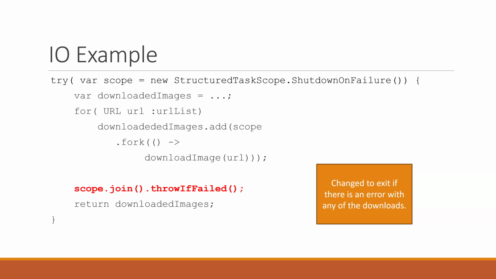If I don't put the throw if failed in there, then I wait for them all to finish, even if one of them fails. I need that throw if failed in order to tell the shutdown on failure scope that, hey, if one fails, then shut everything down. If I don't put it in there, then it will wait, even for failed ones, until everyone comes back and then return. Okay, this is important.